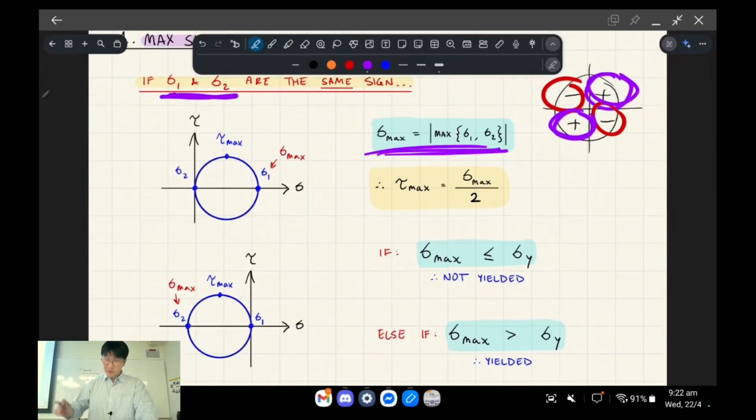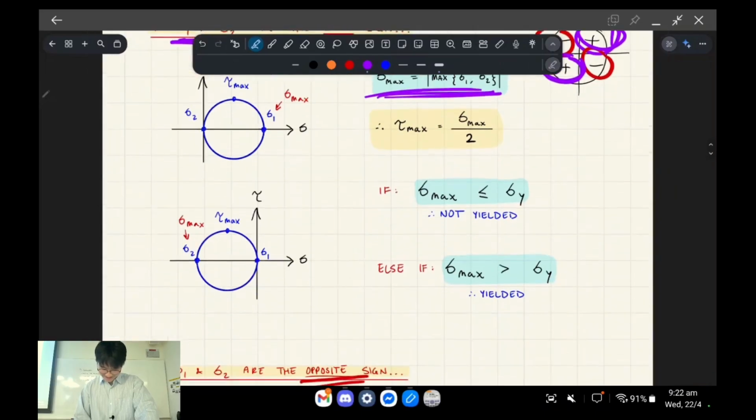The positive quadrants first, and the equation to describe that is this. The max axial stress before it yields is the maximum between these two. Absolute value, you'll see later, but it basically makes it so that. Okay, I'll show you later.